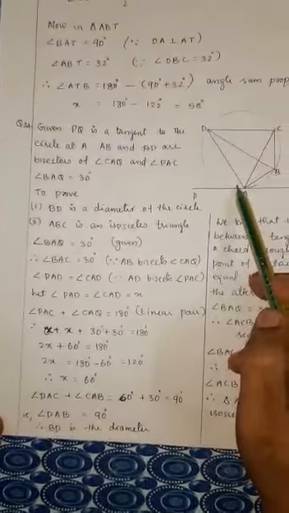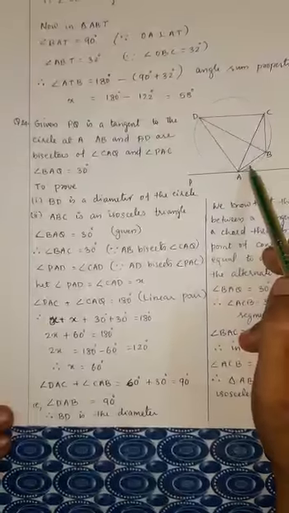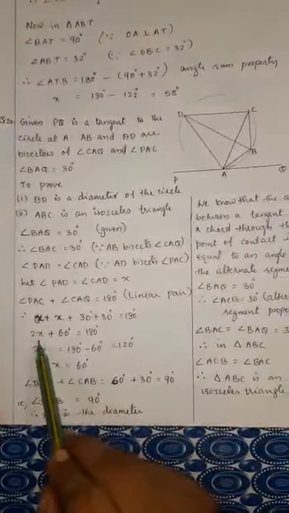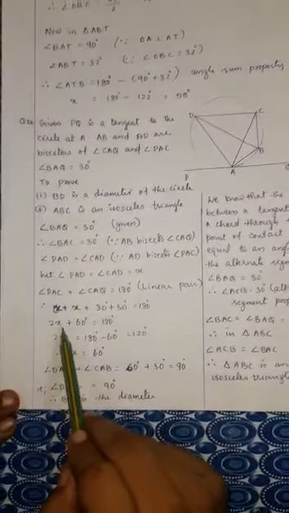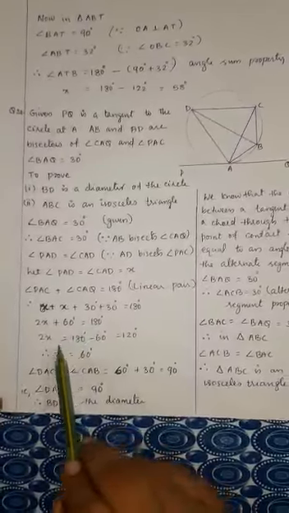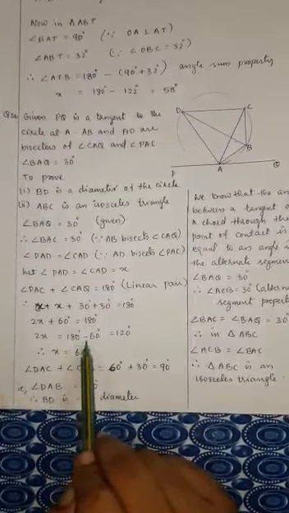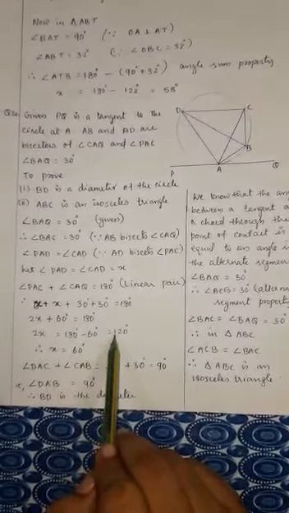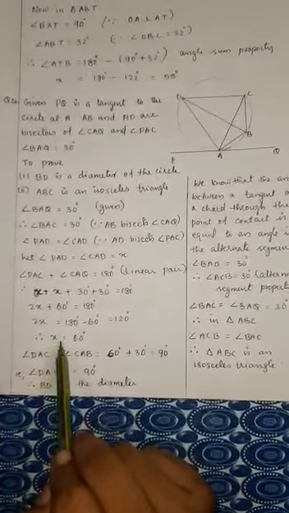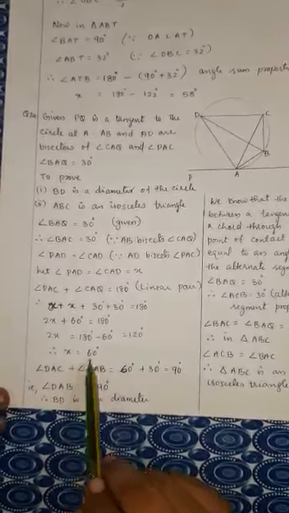Therefore, x plus 30 degree plus 30 degree is equal to 180 degree. 2x plus 60 degree is equal to 180 degree. 2x is equal to 180 degree minus 60 degree equal to 120 degree. Therefore, x is equal to 120 degree divided by 2 equal to 60 degree.